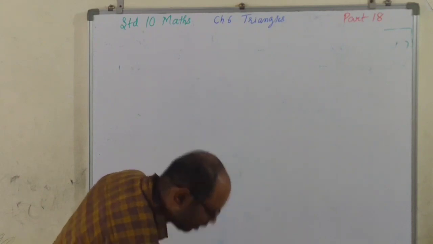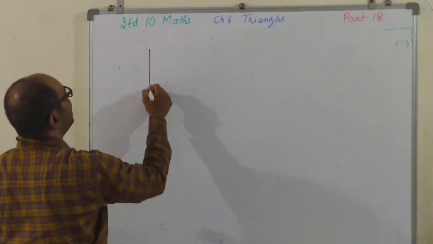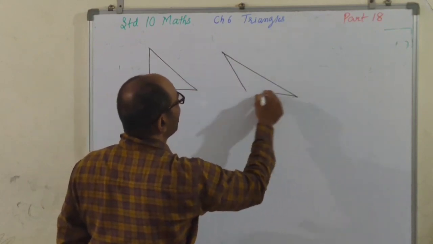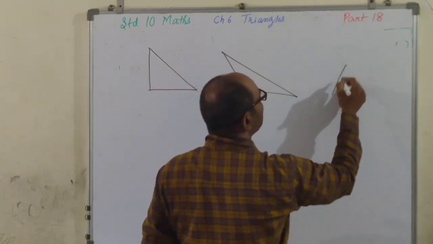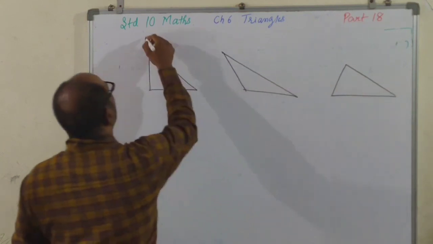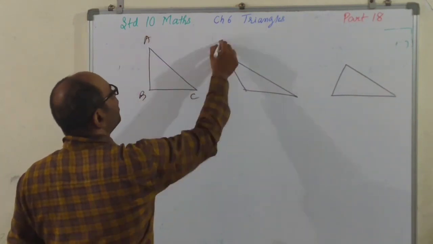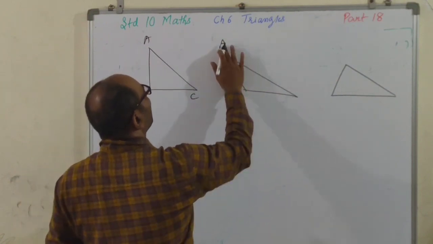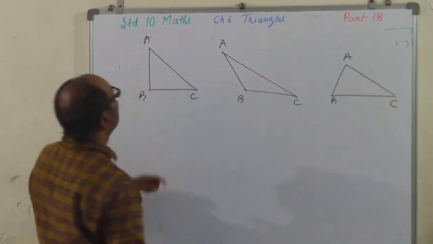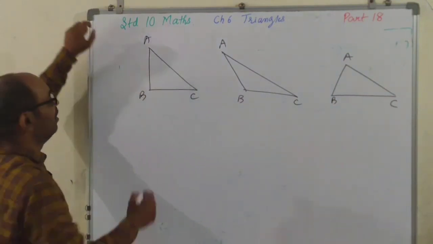Children, this is a right angled triangle, this is an obtuse angled triangle, and this is an acute angled triangle, A, B, C. The longest side is AC.